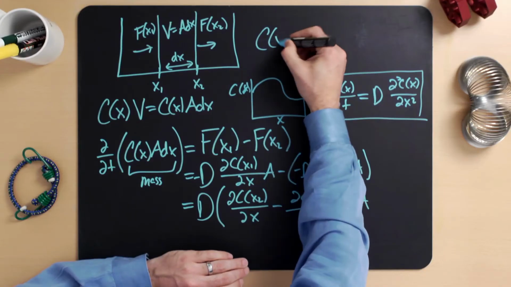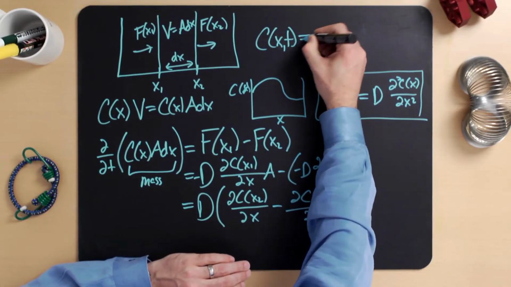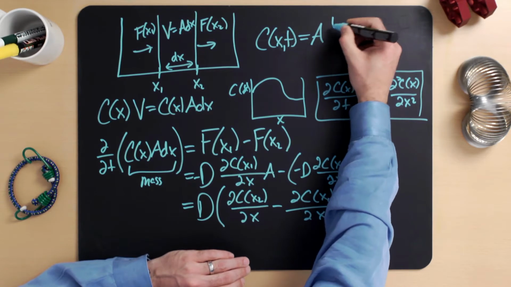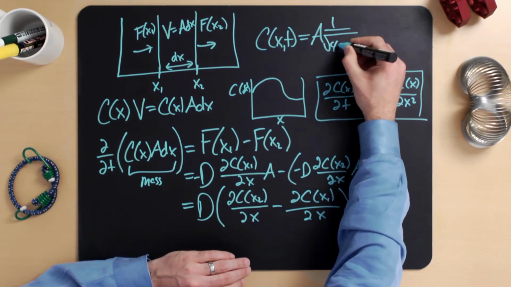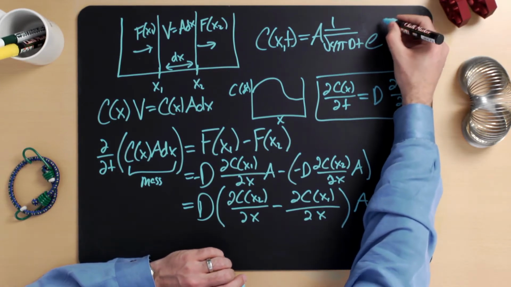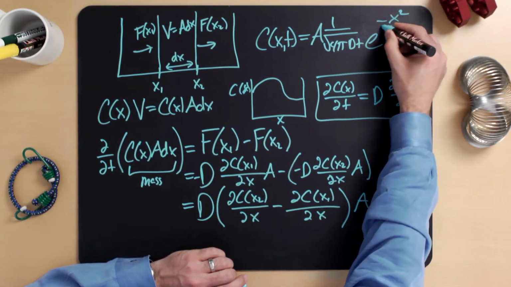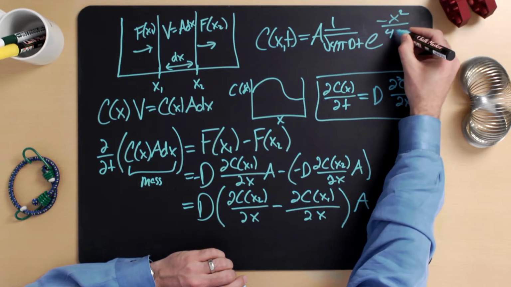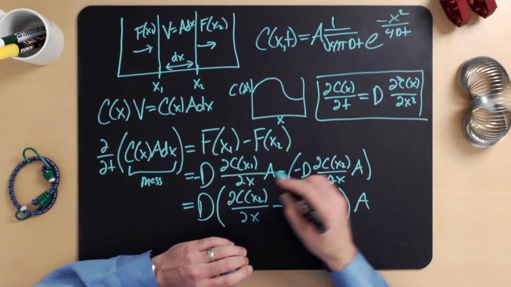It turns out that with these assumptions, we again get an analytical solution that is of the form of an exponential. We get c of x, t is equal to A times 1 over the square root of 4 pi Dt times e to the minus x squared all over 4Dt.